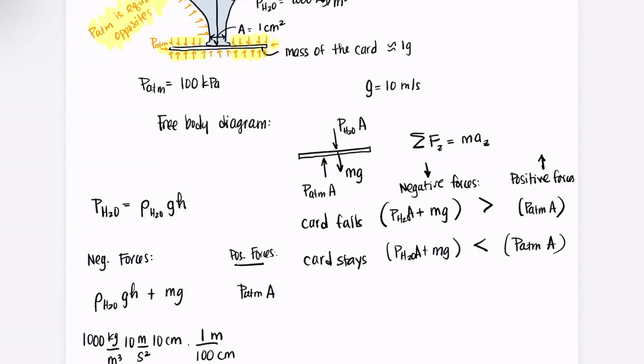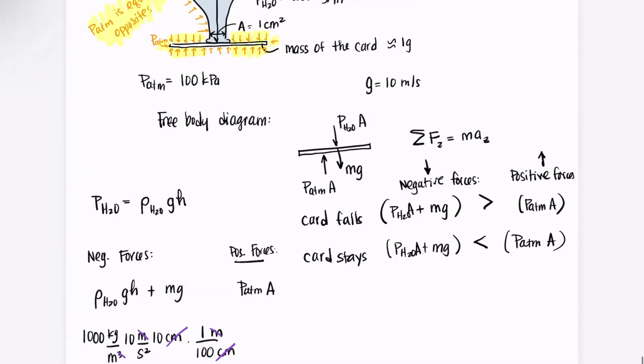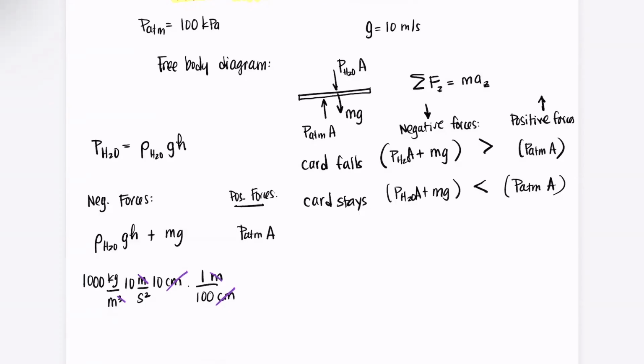And then that will give me, I cancel out these centimeters, and then I end up with just this 1 meter at the bottom, and then these 2 meters go away, right? So that is this term.